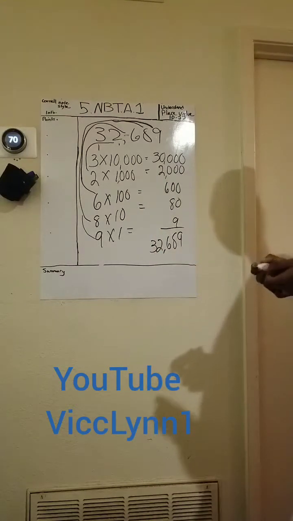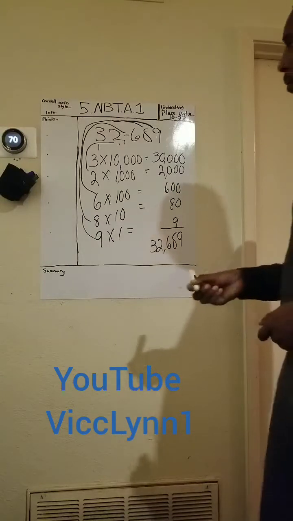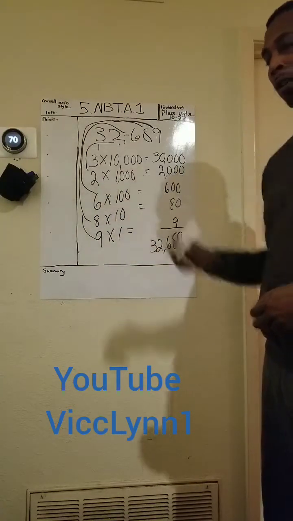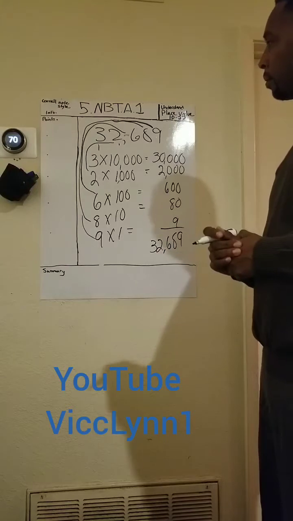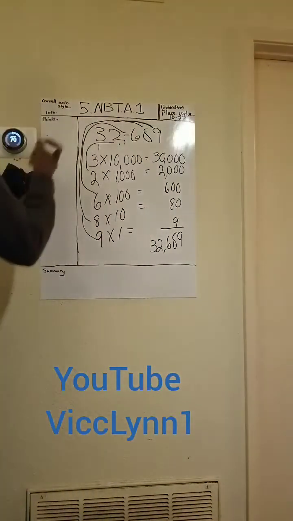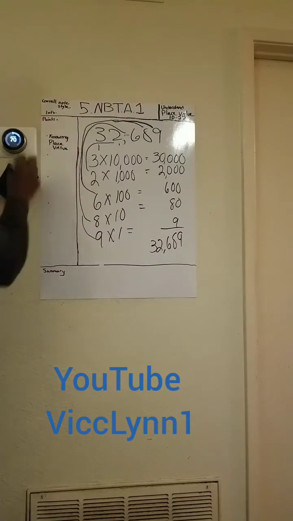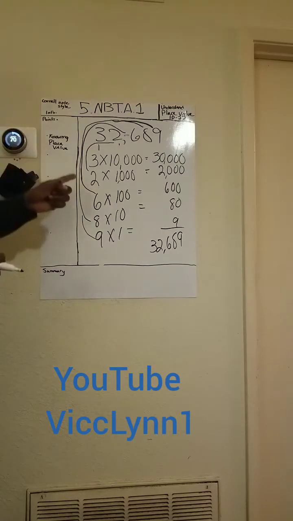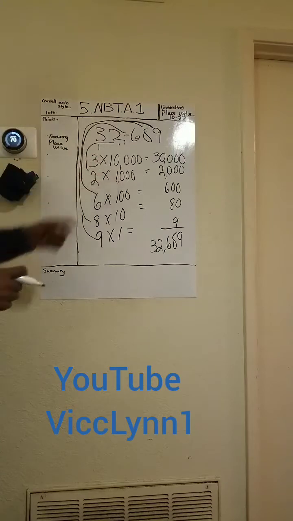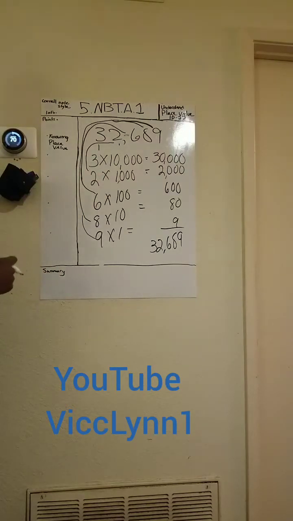Okay, so I got it. So what I'm going to write in my Cornell notes is, the points is knowing your place value. So that's the first note that I'm going to put down because I have to know the place value in order to get the right answer. Okay?